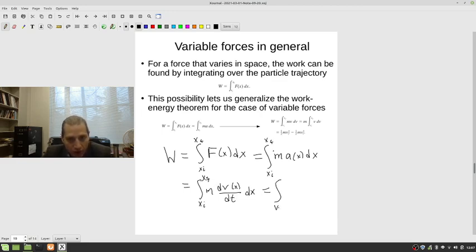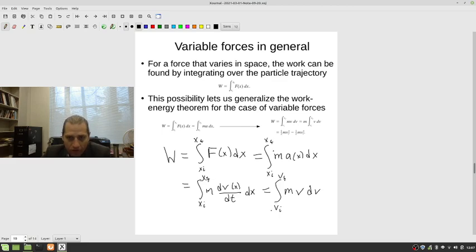I'm going to change my integral over to be an integral over the speed, or rather the velocity. And now this dx dt is in fact v. So this is m v dv.